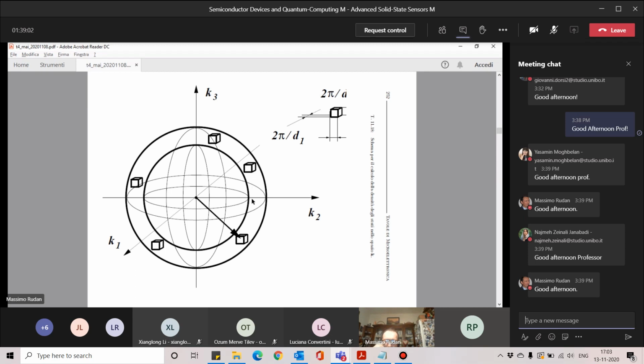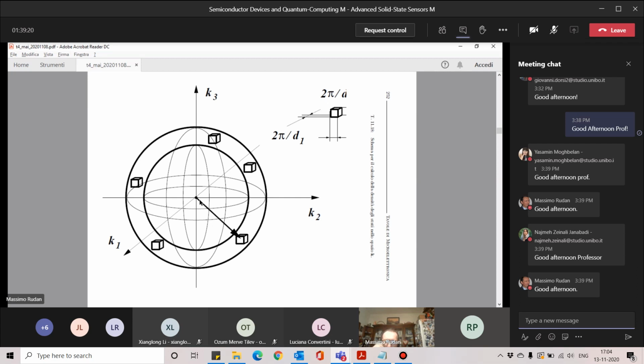But you remember that each tip is associated with a small volume whose volume is 2 pi cube over V. So all these small volumes are uniquely associated to the tips of these vectors.